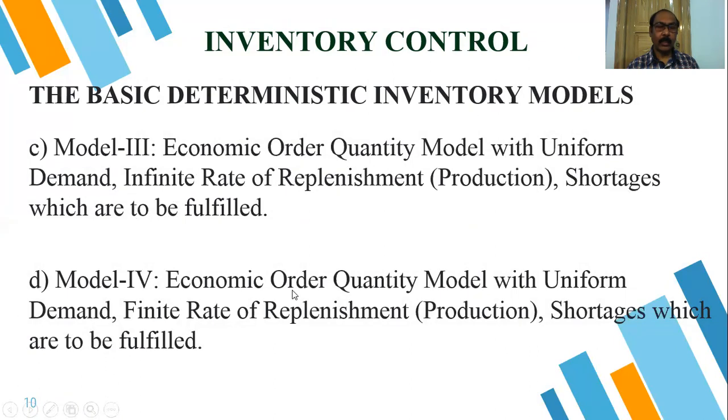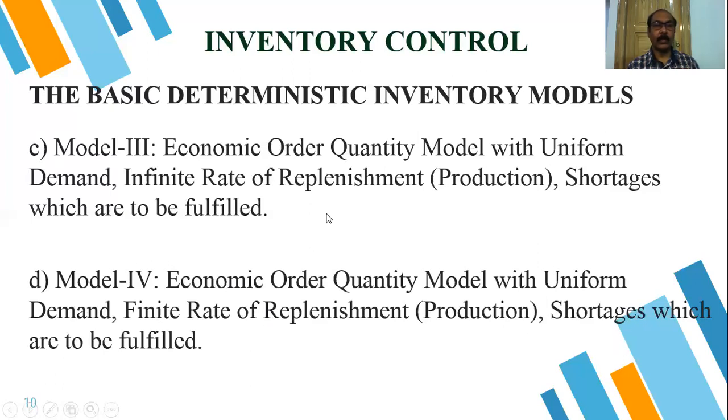Model 4 is the economic order quantity model with uniform demand and a finite rate of replenishment, that is, production. Model 3 has an infinite rate of replenishment, and shortages are to be fulfilled in this case also. So models 3 and 4 with shortage can be compared with model 1 and model 2 respectively.